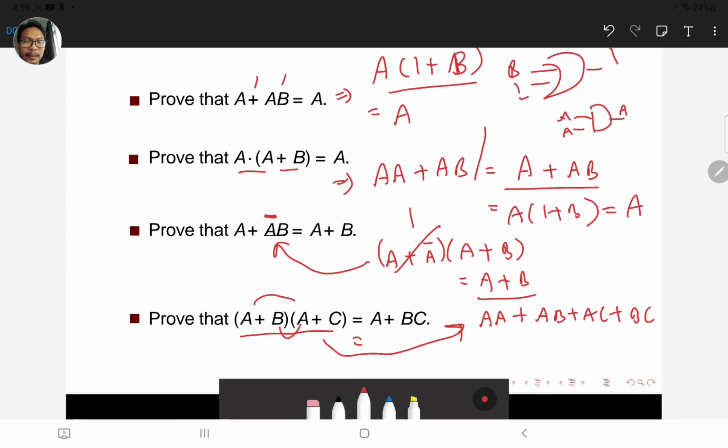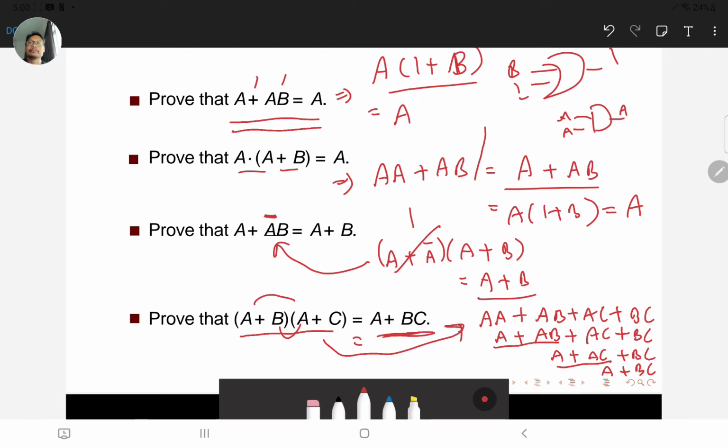AA here is equal to A. So here is A plus AB plus AC plus BC, and we already checked that A plus AB is equal to A, and therefore here is A plus AC plus BC, and here is also A, same theorem, which is A plus BC, and that's it. We can't simplify any further.